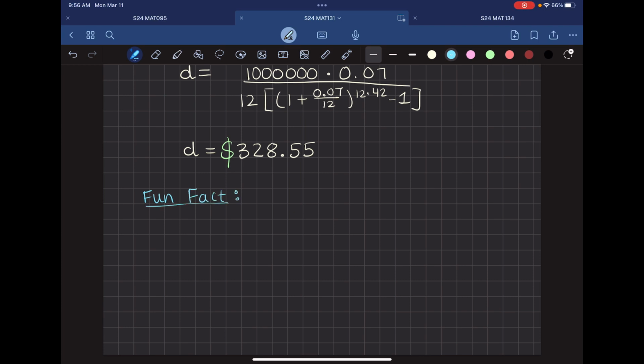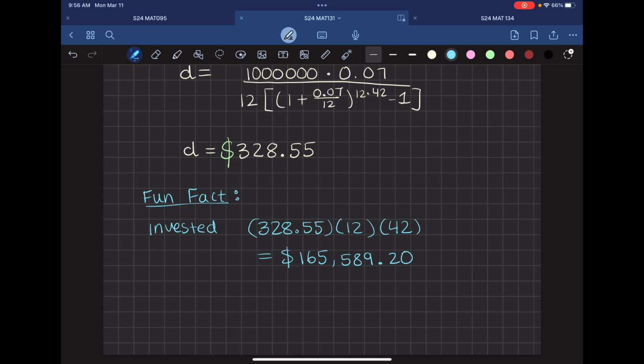The amount that we actually invested would be this $328.55 per month, so times 12 per year, and we did 42 years, so times 42. And if you do this multiplication, you end up getting that in total, you invested $165,589.20.